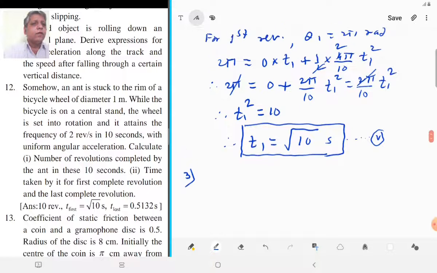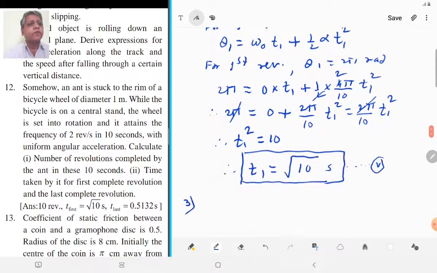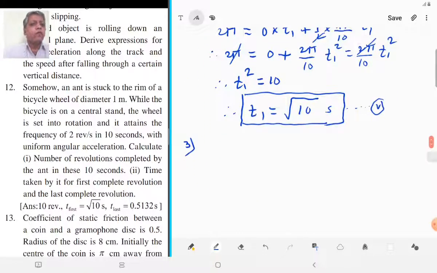Here the number of revolutions is 10, so the last revolution is the 10th revolution. Therefore, the time taken for the 10th revolution is equal to the time to complete 10 revolutions, that is T10, minus the time taken to complete 9 revolutions.